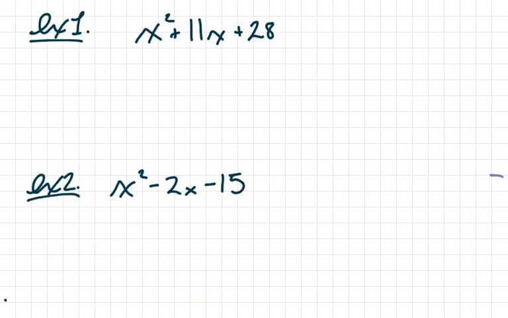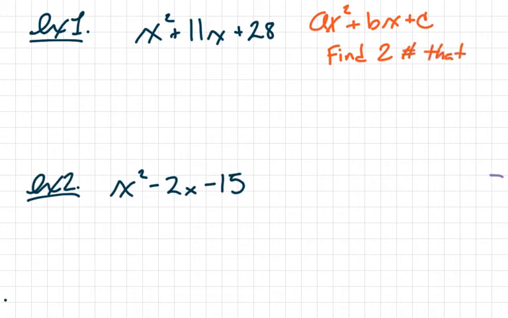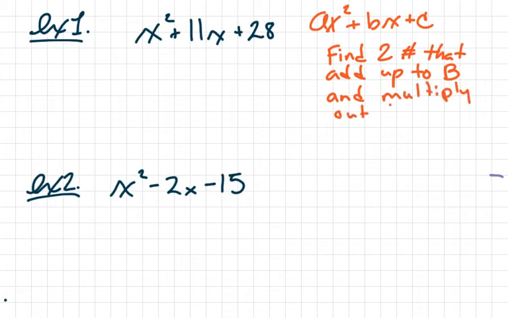So what you need to do is, if you have an equation like ax squared plus bx plus c, find two numbers that add up to b and multiply out to be the c value.